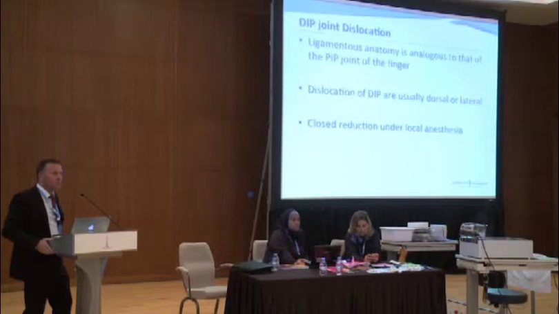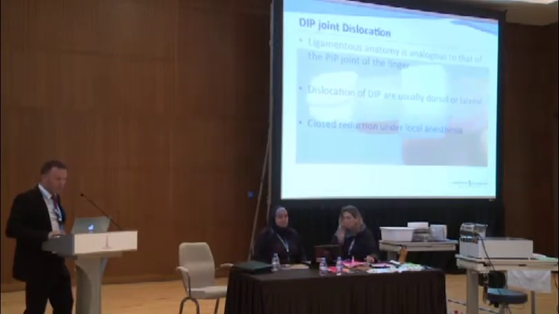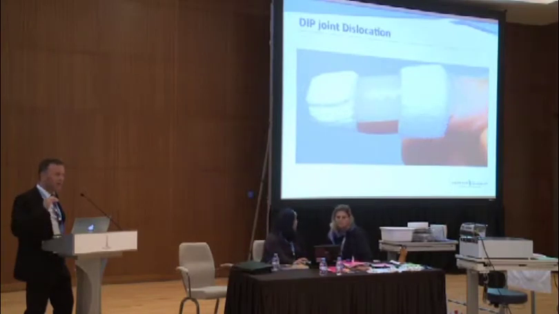The treatment is always local anesthesia, reduction, and then you test the finger directly to see if there is any problem with the tendon. The treatment is the same as the mallet finger, except that the finger is put in a straight position, no hyperextension.